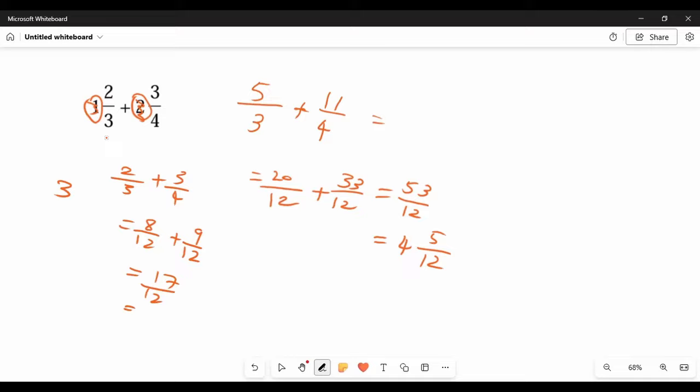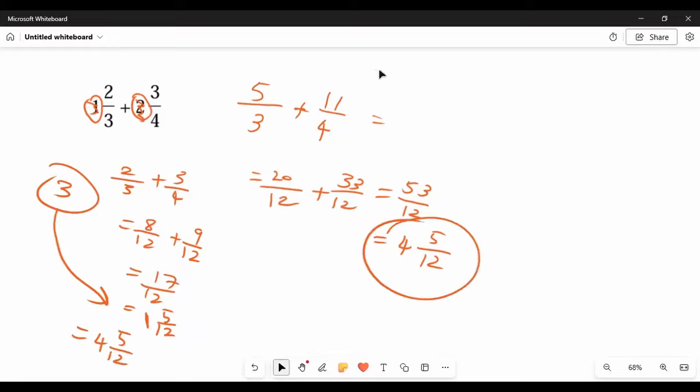In 17, how many 12s do we have? We have 1, and the remainder is 5 over 12. So the answer we got is 1 whole 5 over 12. Already we have 3 wholes now. Add that also. That would give me 4 wholes 5 over 12. You got it.